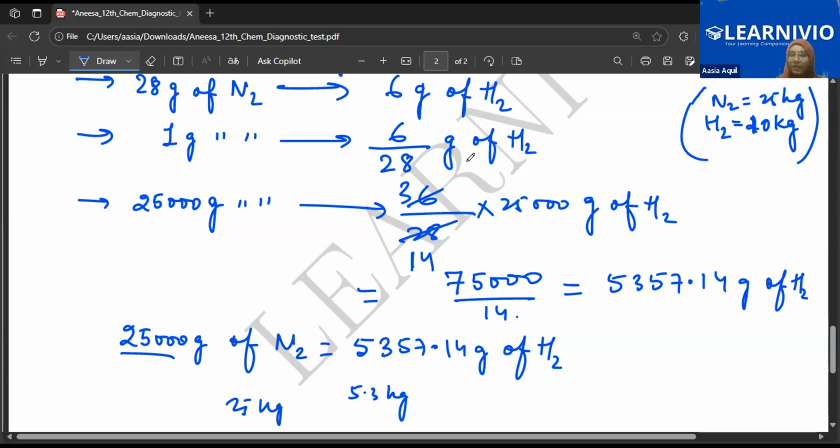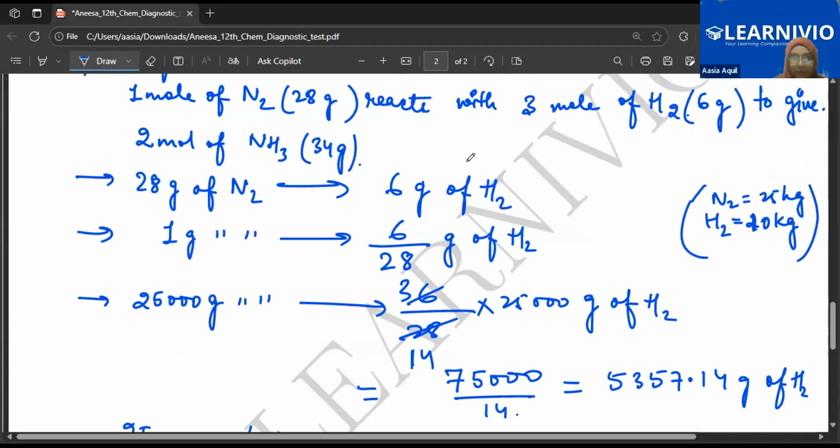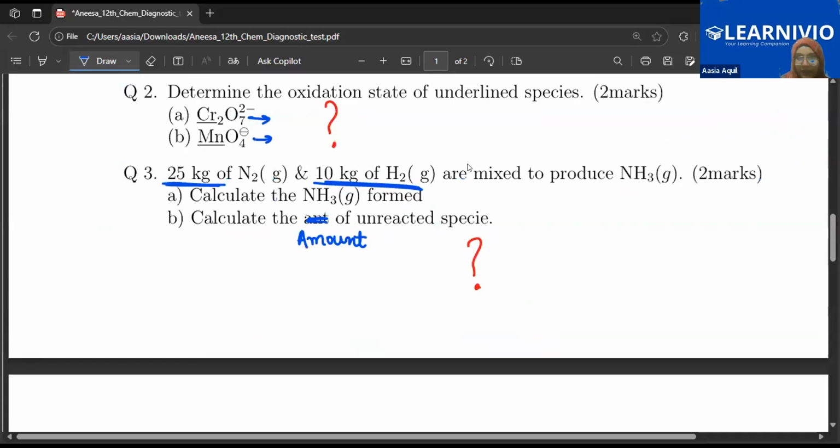Any doubt? So see, you can see the question. 25 kg of nitrogen is reacting with 10 kg of hydrogen to form ammonia. But this amount is very much, right? Because we don't need that much. According to the balanced chemical equation, we only need 5.3 kg.